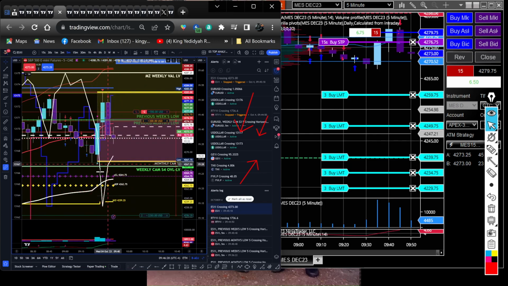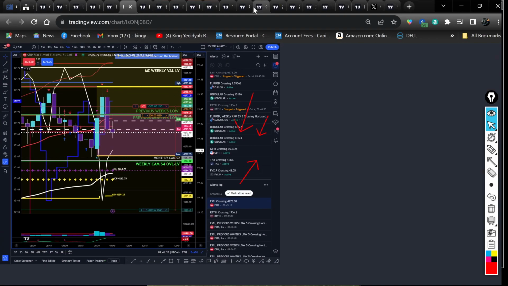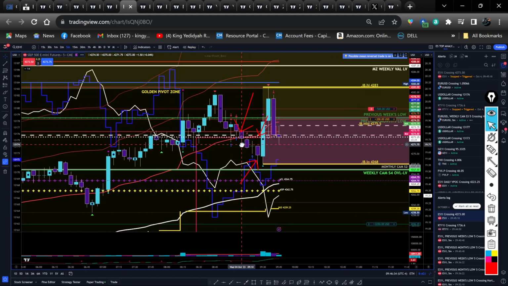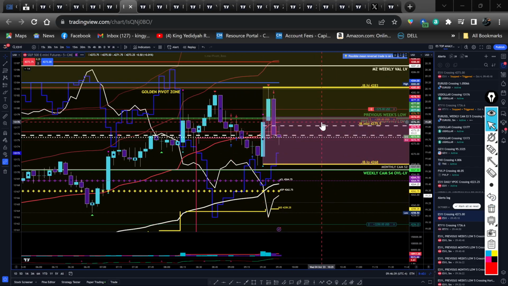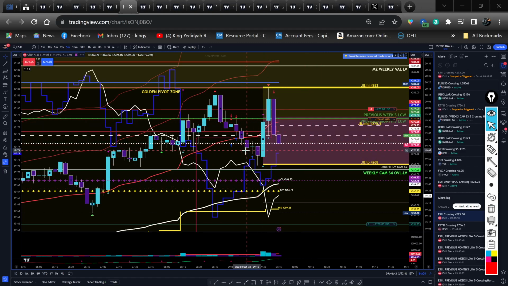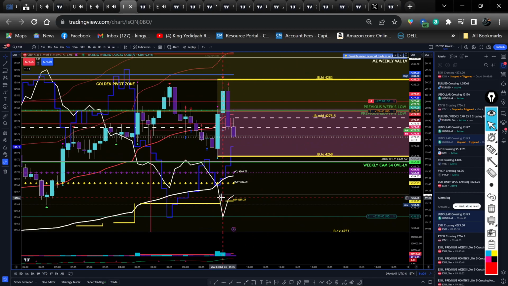Hopefully I don't get whipsawed. So that stop loss is just above this upper VWAP deviation band right there, which is at approximately 42.76.25. Right, so we're moving down nicely.